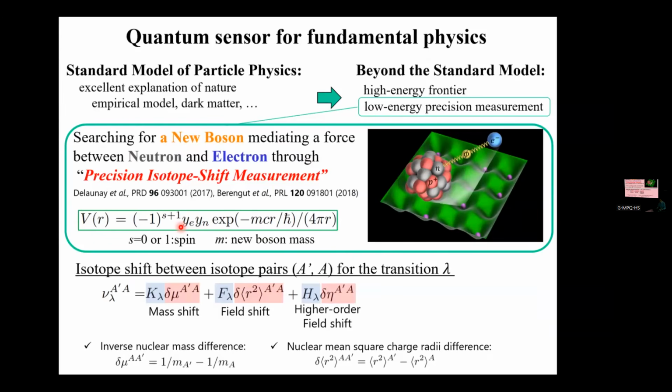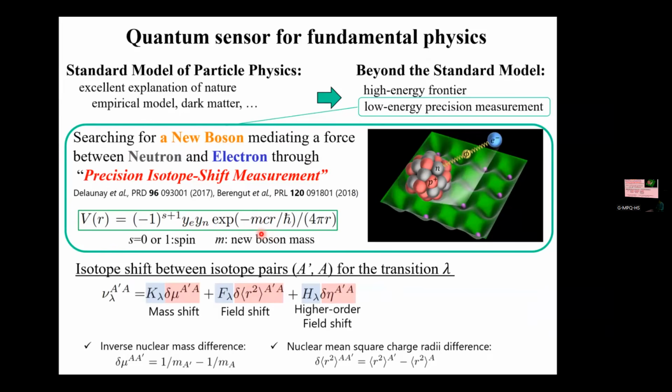So far, we don't consider the spin dependence of the electrons or neutrons, but it depends on the spin of the new boson. That is the only spin dependence we consider.